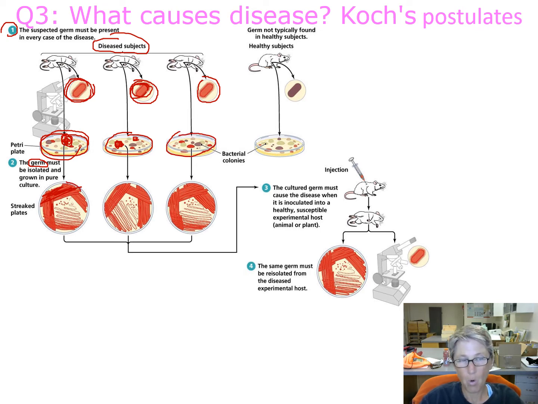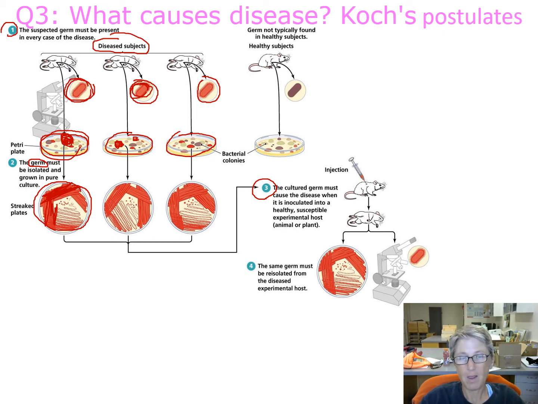These have only one type of microbe, so they're pure culture, and they're called streak plates because you take the inoculating loop and streak it back, and well, actually you dip the inoculating loop in this colony and then you streak it back and forth to make a streak plate. The third of Koch's postulates here, it says the cultured germ or microbe must cause the disease when it's inoculated into a healthy host.